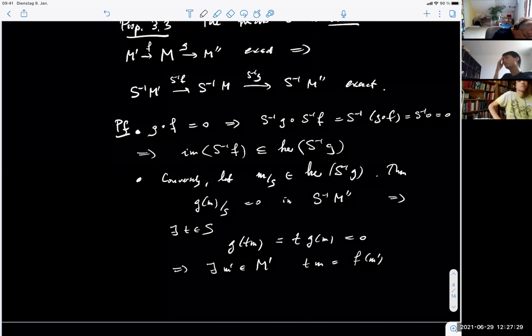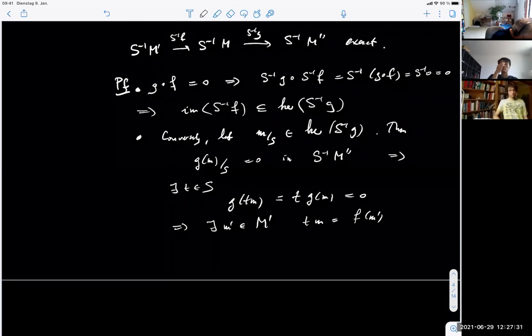Right, and then we just have to see what this means. We are essentially through. I claim m over s is mapped to what I want. m over s is the same as tm over ts. In German, it's called erweitern. Fraction: tm is f of m prime divided by ts.